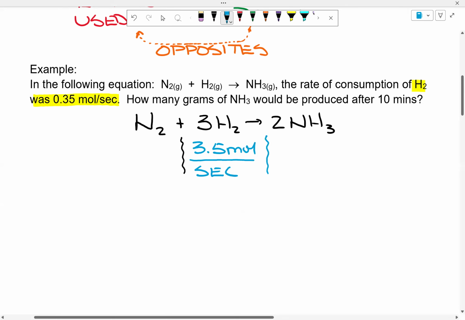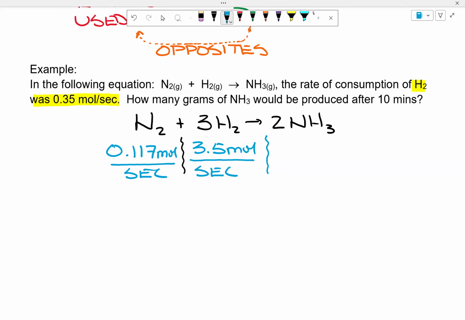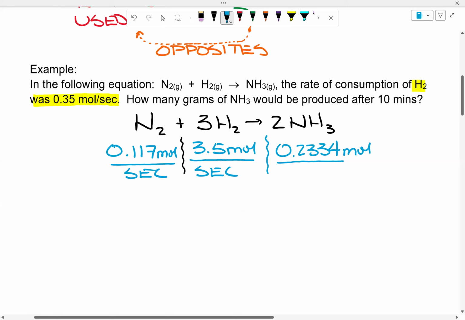If I use the mole ratio here, nitrogen is H2 divided by 3, so nitrogen would be 0.117 moles per second. And NH3 is 0.11667 times 2, and this would be 0.2334 moles per second.